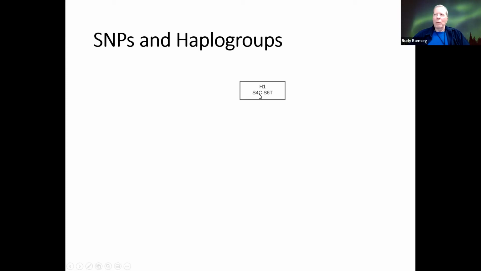For the moment, this block represents C, cytosine in position 4, and T, thymine in position 6. And for the moment, we're going to ignore all the other SNP locations. In a minute, we're going to say it really means that they're all the same, except for these one or two different. But for right now, this is father. He has a C in position 4 and a T in position 6.